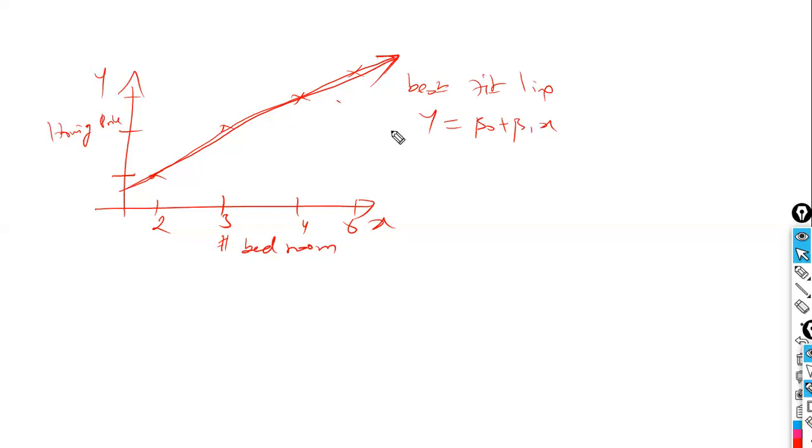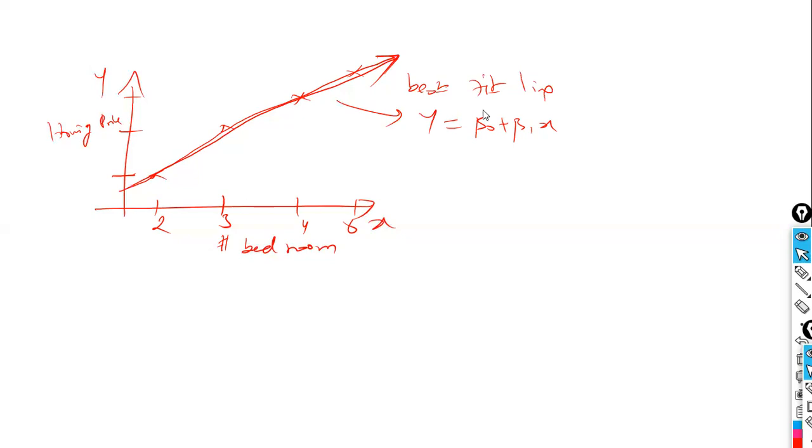If somebody asks what is linear regression, it is modeling or fitting a straight line. Fitting a straight line in your model is called your best fit line or linear regression, your linear equation.